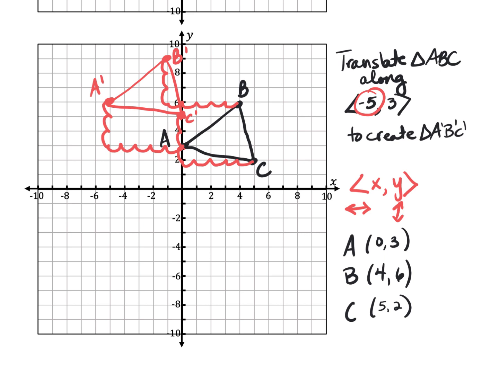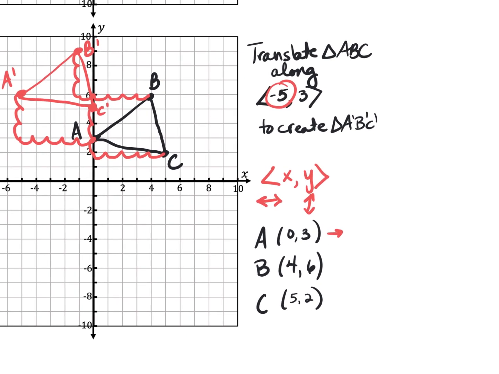So I could just subtract 5. From 0, I'm going to subtract 5. And my y value is 3, and we went up 3, so I'm going to add 3.